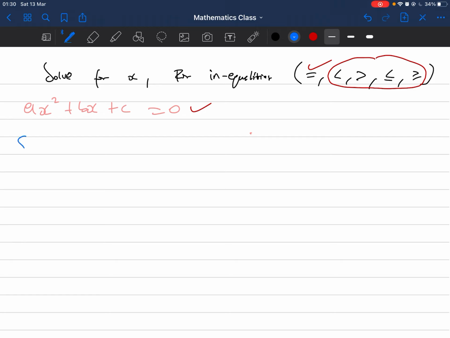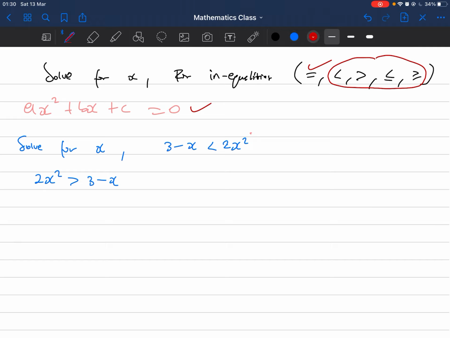Let's say the question says solve for x. You're given 3 minus x less than 2x squared. Cool. Now solve for x. What you're going to do from here is recognize that this is definitely the same as 2x squared greater than 3 minus x.